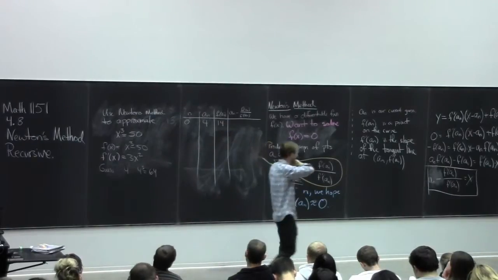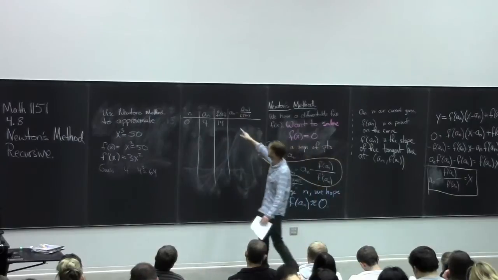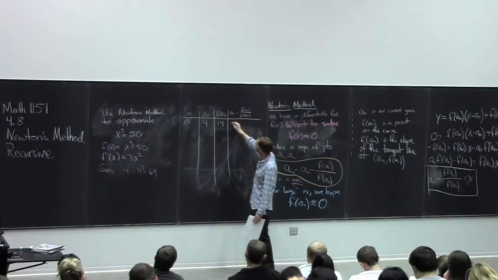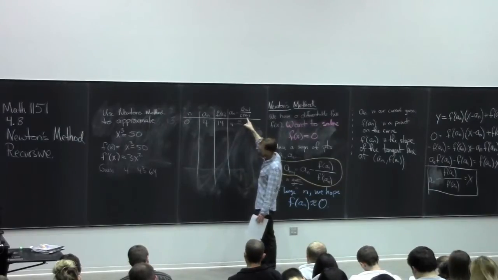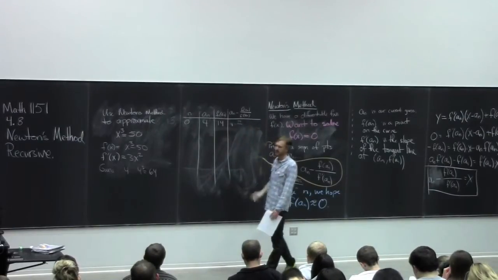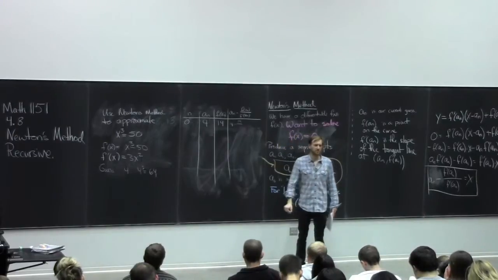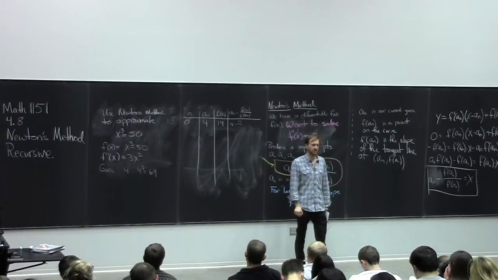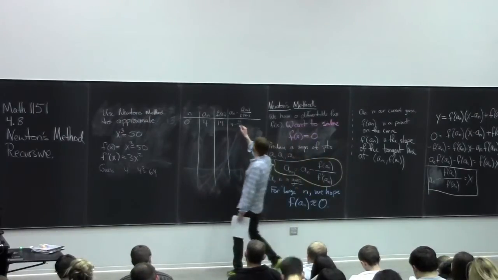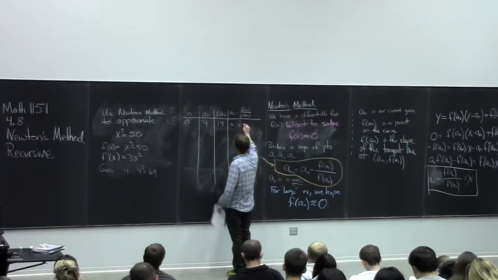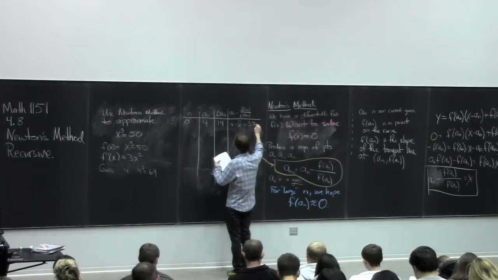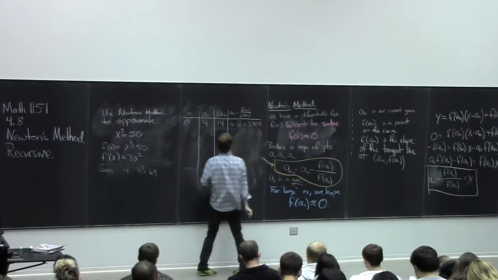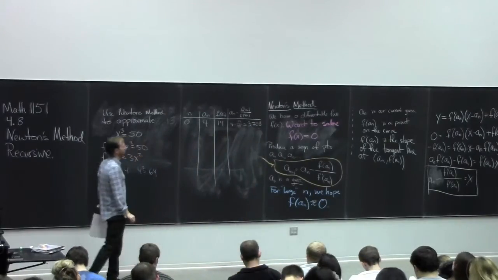All right, and so now what we're going to write here is 4 minus 14 over 3 times 16. What's 3 times 16? 48. Which is about 3.708.